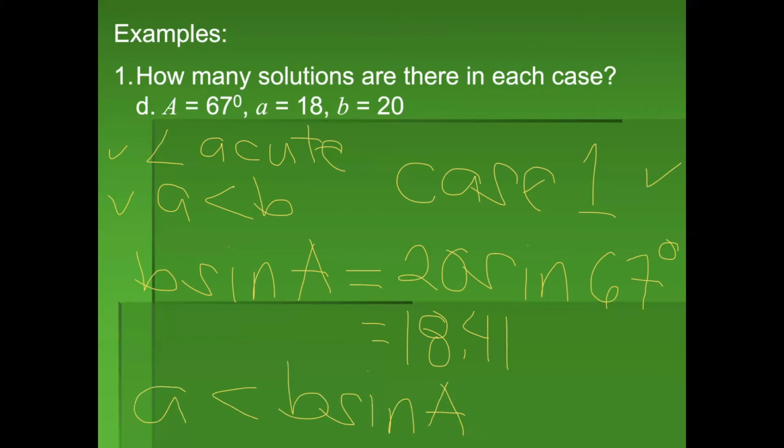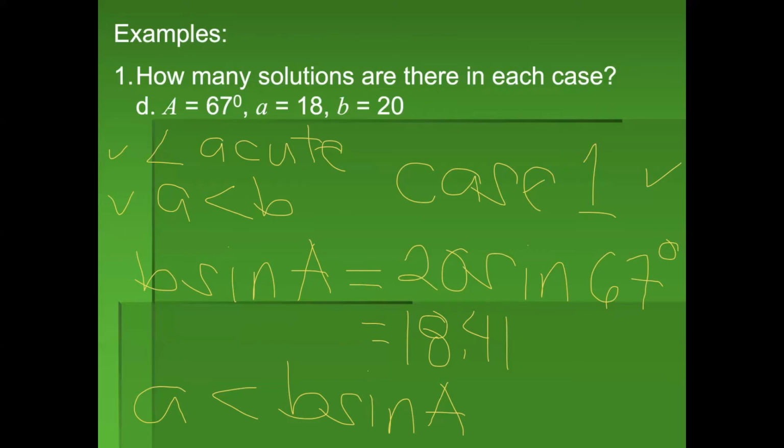Again, A is 18, and B sine A is 18.41. Therefore, from those values, we can say that A is less than B sine A. And then after you solve for B sine A and compare it with the other side, which is A, let us now determine the number of solutions that we have.